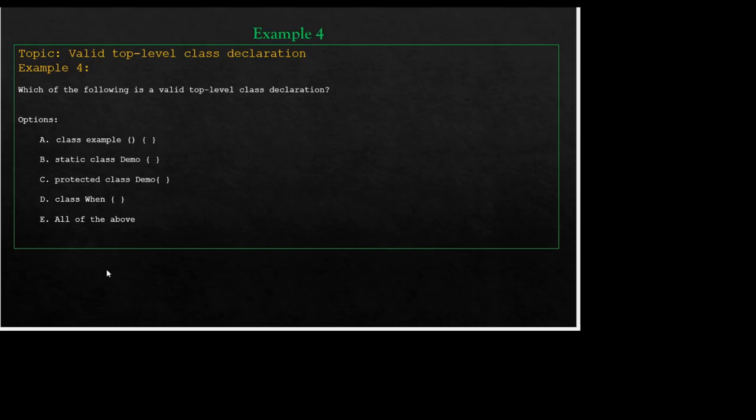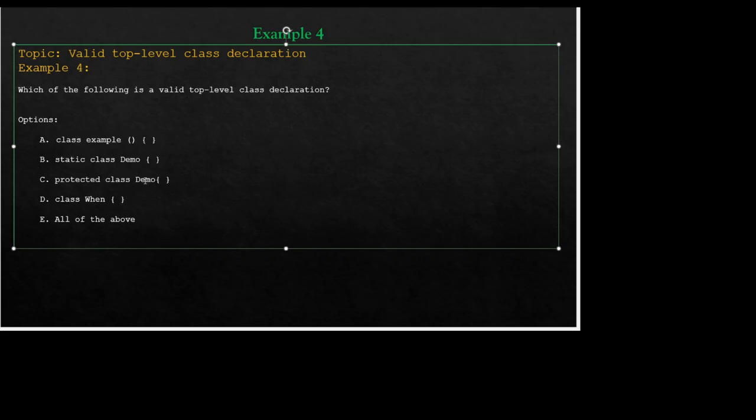I mean, this is not a valid declaration. This first bracket, second bracket, it comes with a method, not a class. Or if nothing is inside, it becomes a constructor. So it's not a class declaration. Then we come to static class Demo, then protected class Demo, then class Went. So only class Went meets the criteria.